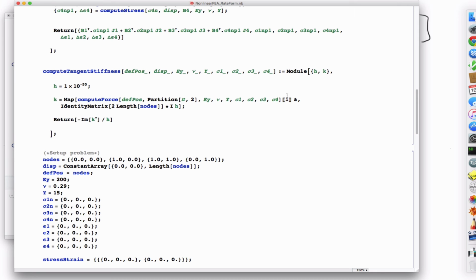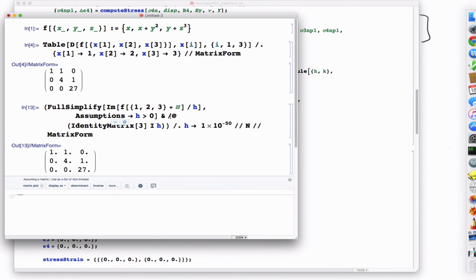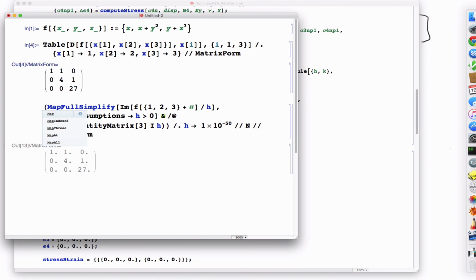Oh, just the last thing is that map. So in my simple example, I used the shorthand there. I could have just as well said map.